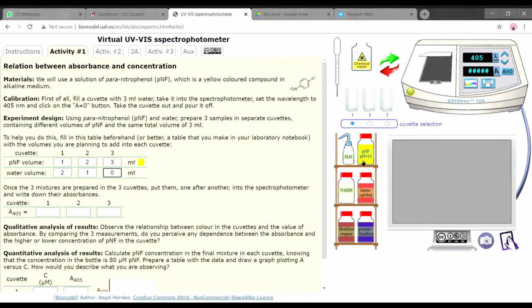So P and F. All of the cuvettes are prepared to be analyzed and get the value of absorbance.